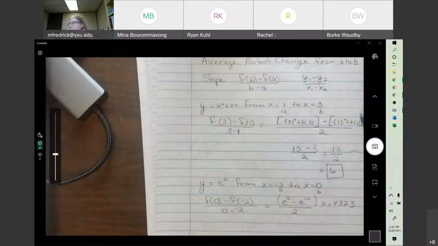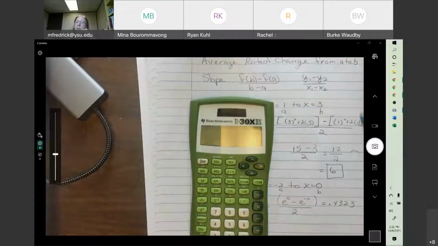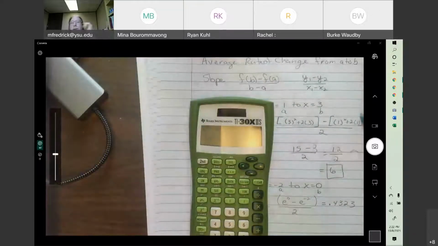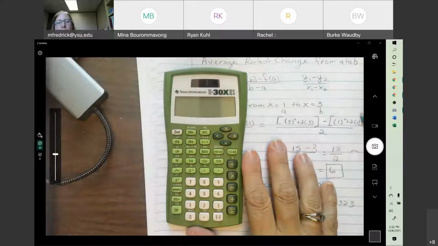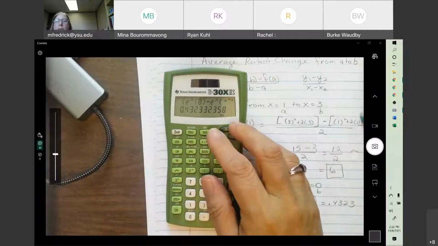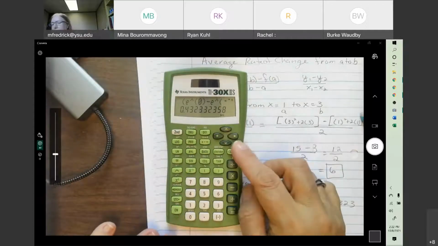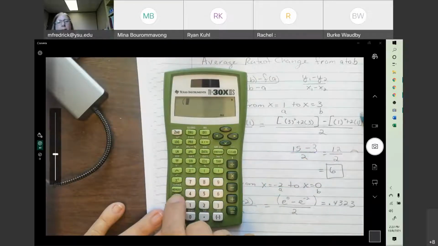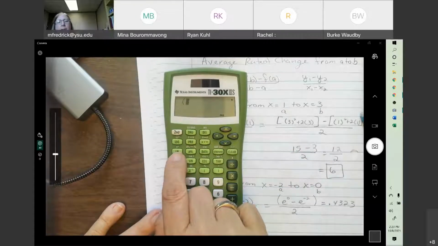Now on this one, and this is also the case with the TI-83, it doesn't put it up in an exponent, it uses a caret. Oh, I have it up here already. So we would put parenthesis, and then the E is with the natural log right here.